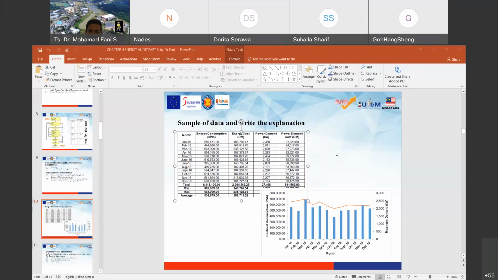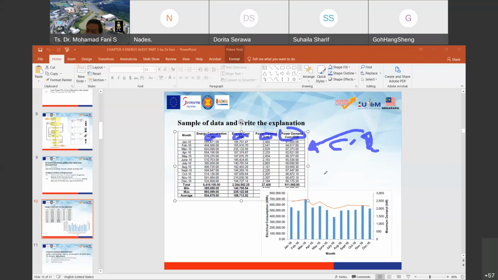Months January to December: consumption, energy cost, power demand, and also power demand cost. This one is available for the C and E type of tariff.